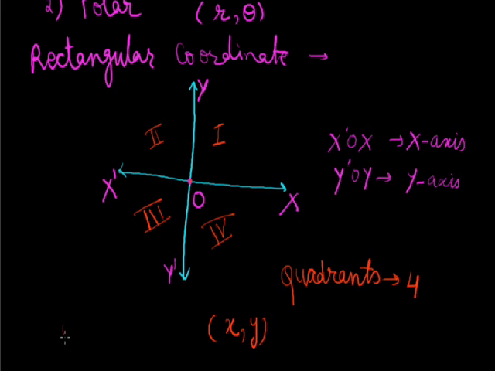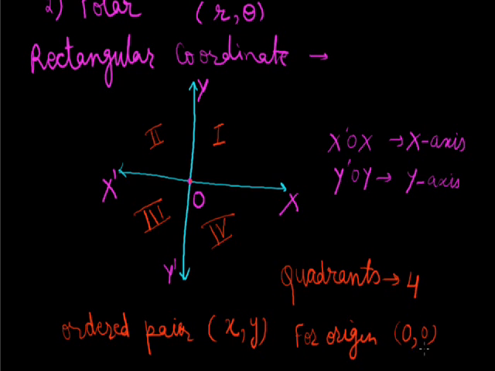The ordered pair x, y is a must to define the location of any point. For the origin, it is 0, 0. These are known as the coordinates of the origin.